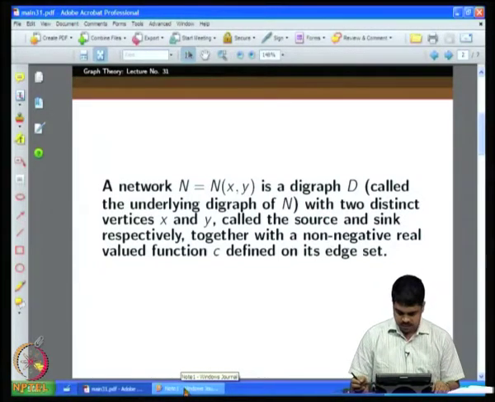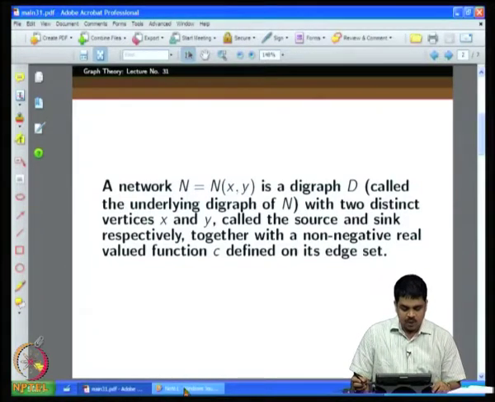What is a network? It is just a directed graph. We will call it the underlying directed graph of the network N, and there are two special vertices associated with the network. One is a source, the other is a sink, say x and y.